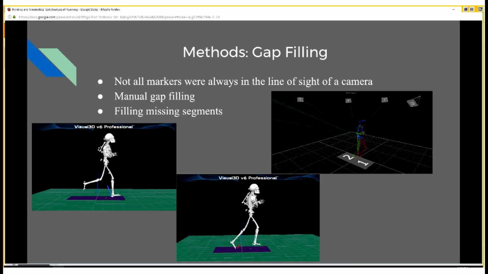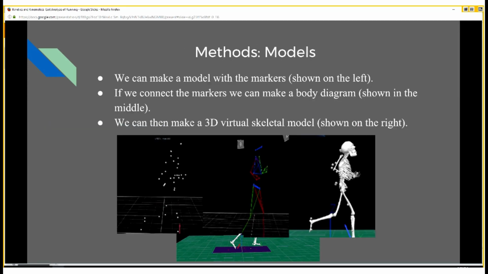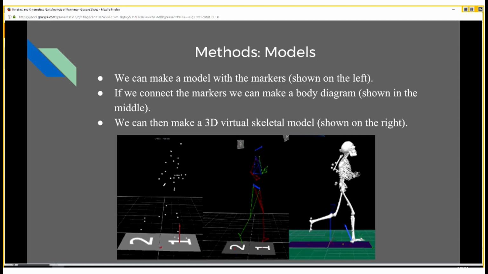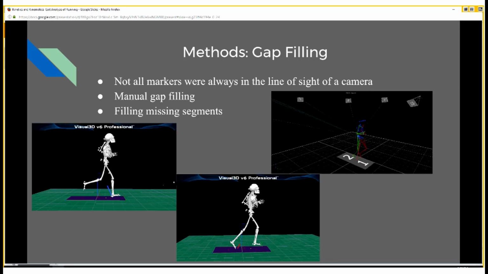We started with this. That is what the cameras picked up. We got the individual markers in space, and sometimes the cameras didn't pick up all of the markers at once. Sometimes there was a marker missing. It was hidden behind something, so it wasn't picked up. So that's when we had to manually go in and fill that marker.